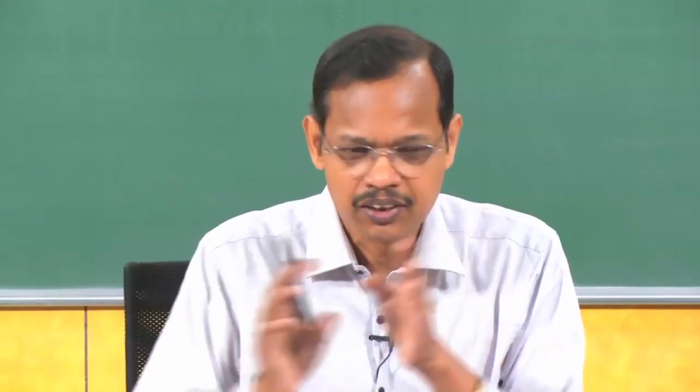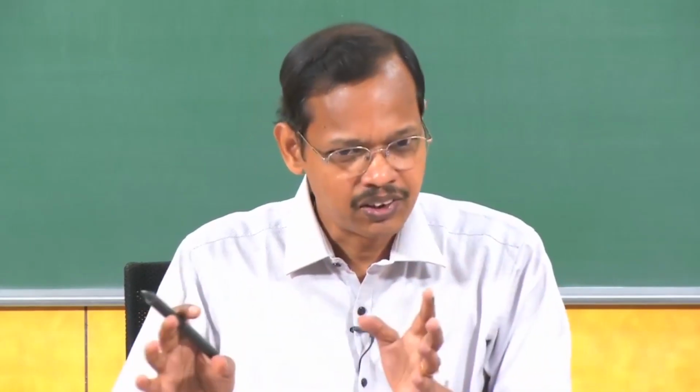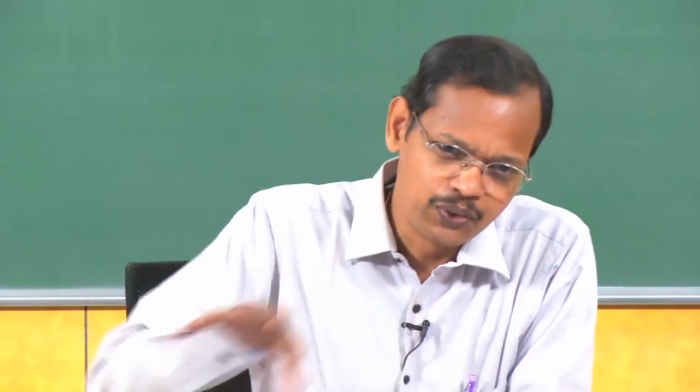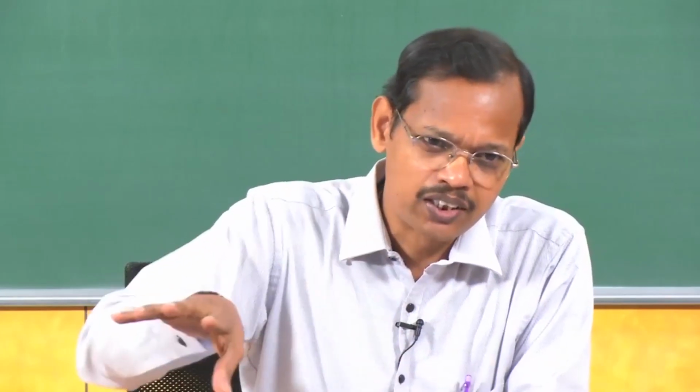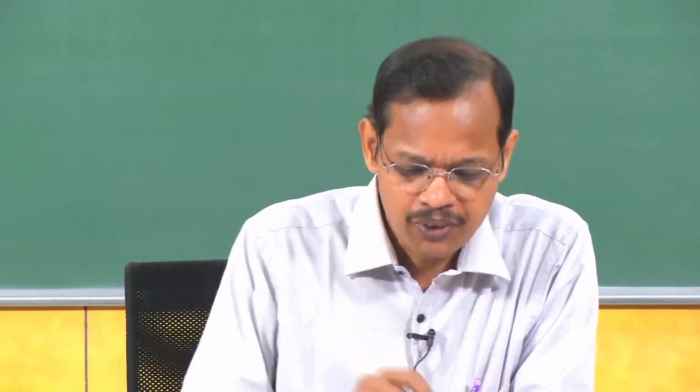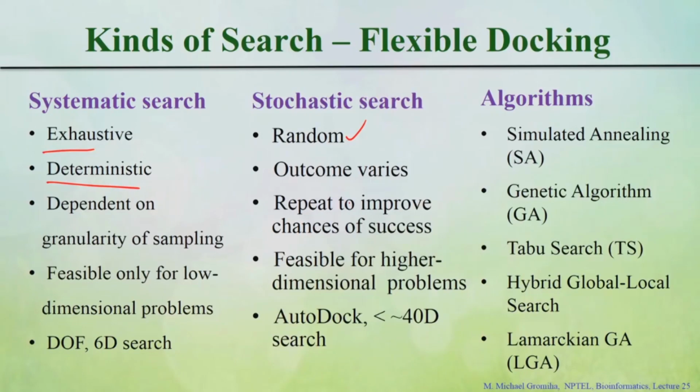because if you use 100 conformations, we will get some data, get the binding. If you use another 100 close to this, it will not be the same; they will be different. So depending upon the sampling you do and the space you walk, that will give you the outcome, and the outcome varies, and you can repeat to improve the chance of success.